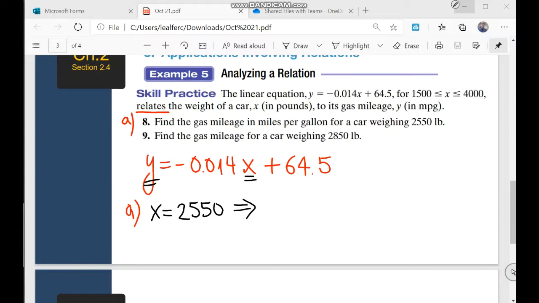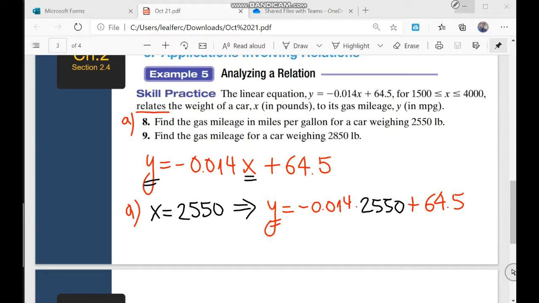Plugging into the equation, y equals negative 0.014 times 2,550 plus 64.5. Okay? Calculate this to find y. Get your calculator, do the multiplication, the sum, and then you find y.